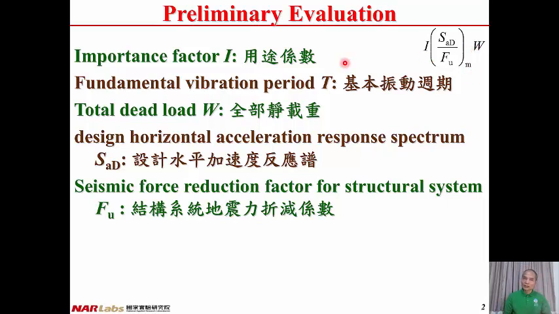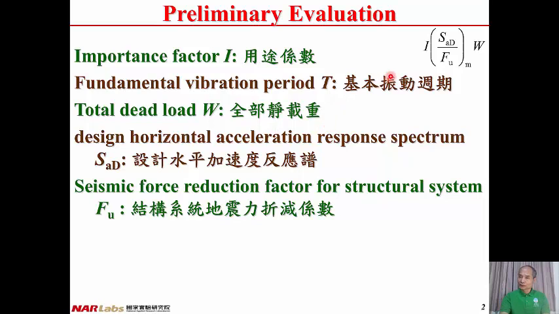In the previous lecture, we have already talked about importance factor I, fundamental vibration period T, total dead load W, and design horizontal acceleration response spectrum SAD.